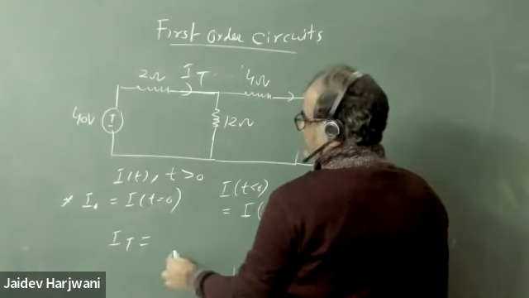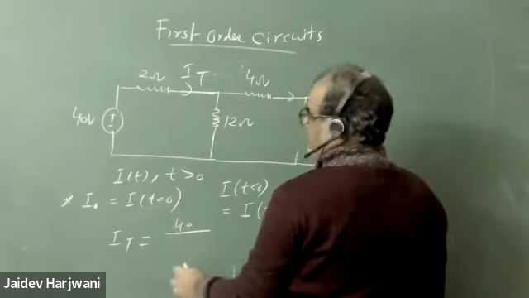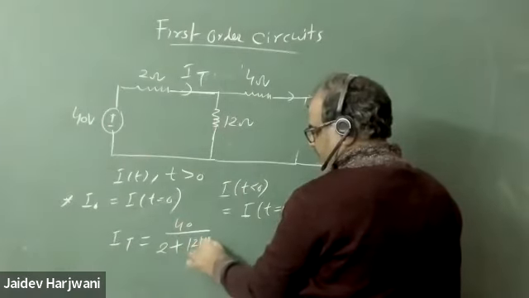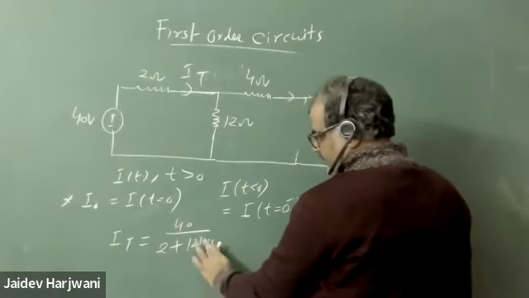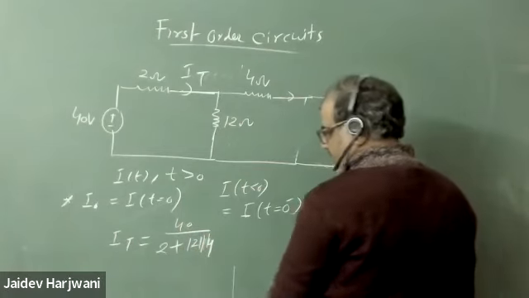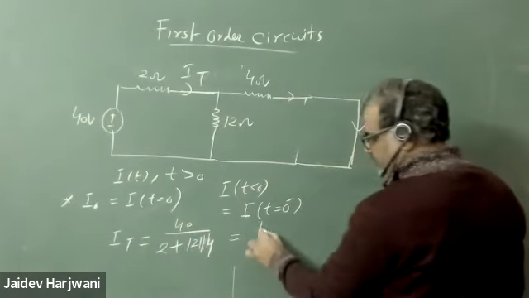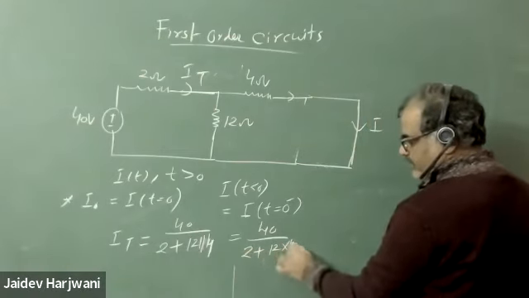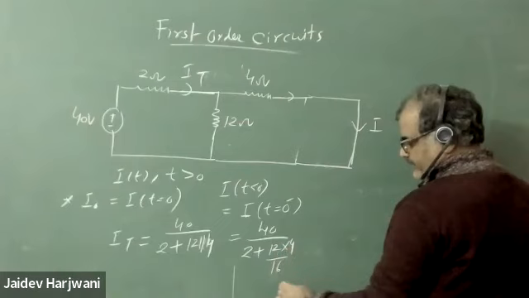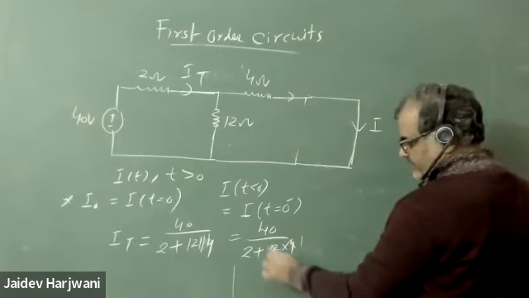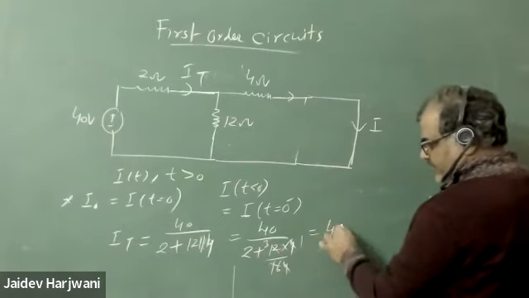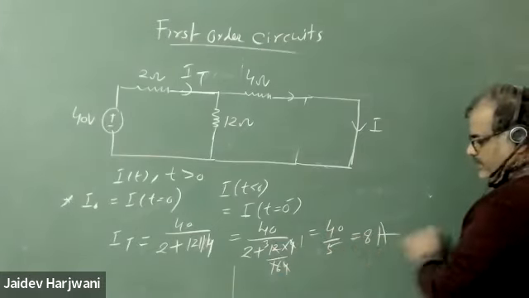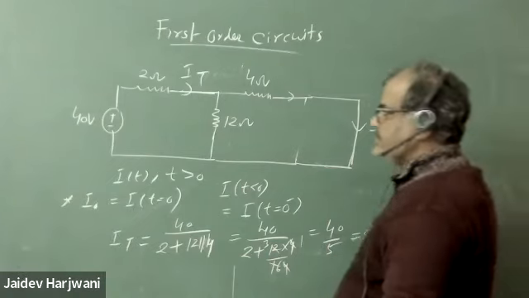So IT is 40 volts divided by 2 ohm plus 12 and 4 in parallel. This gives 2 plus 12 into 4 upon 16, which is 3, so 40 upon 5, that is 8 ampere total current, isn't it?